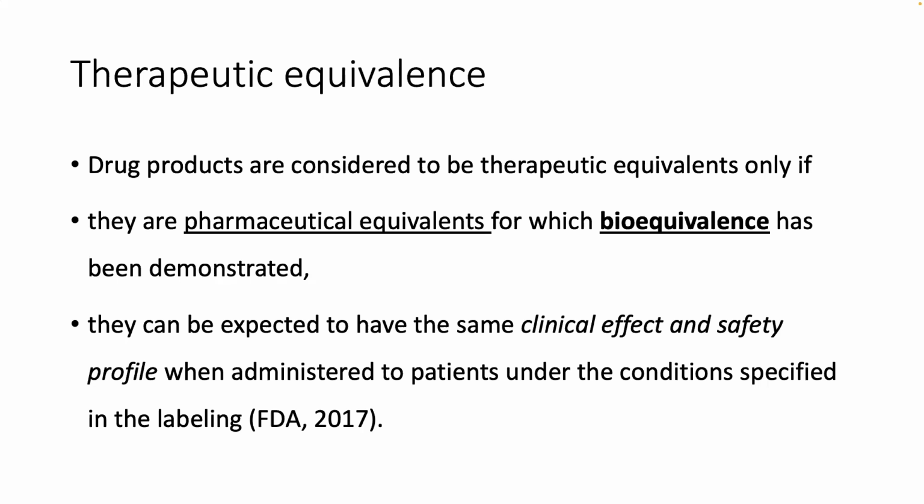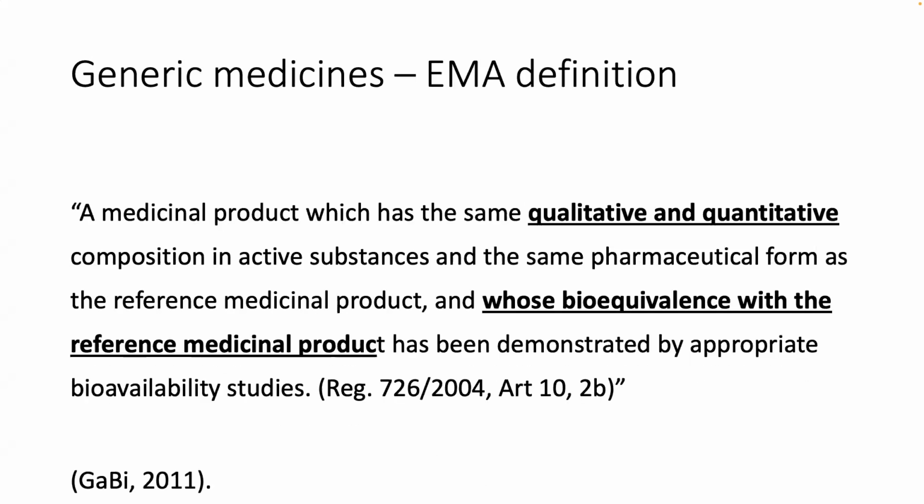So that is therapeutic alternative: you switch within the same therapeutic class, but to a different therapeutic moiety. So here is therapeutic equivalence, which is the same for all purposes and intents as bioequivalence.